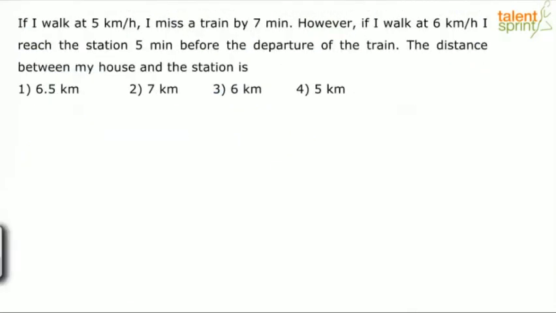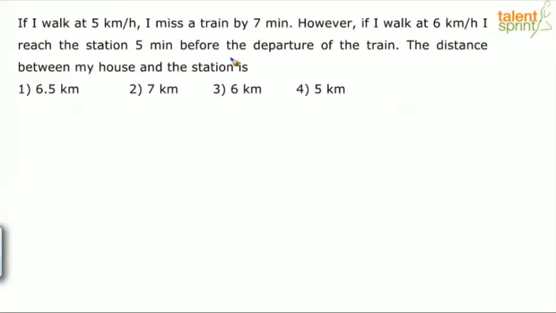Next question. This one is from time and distance. Interesting one. If I walk at 5 kilometers per hour, I miss a train by 7 minutes. However, if I walk at 6 kilometers per hour, I reach the station 5 minutes before the departure of the train. The distance between my house and the station is 6.5 kilometers or 7 kilometers or 6 kilometers or 5 kilometers.